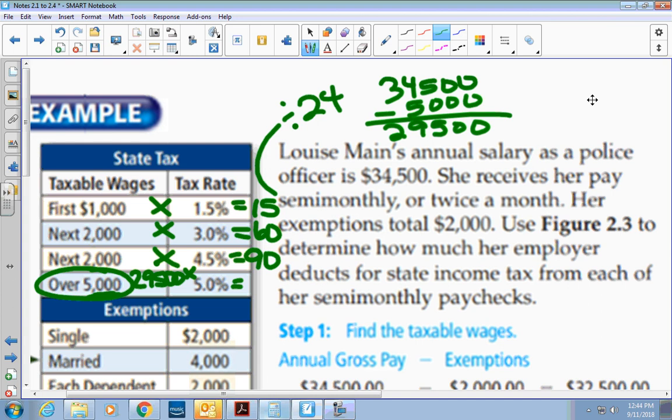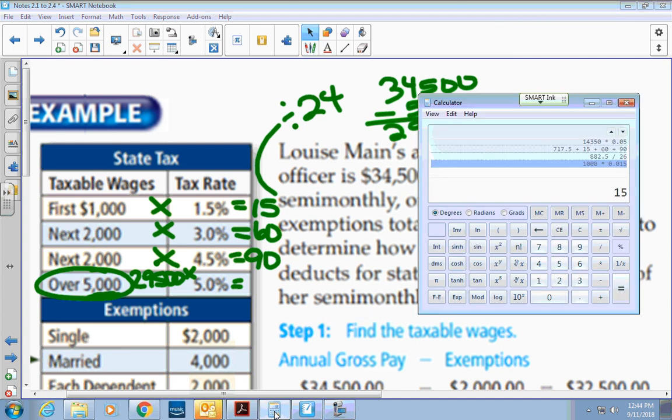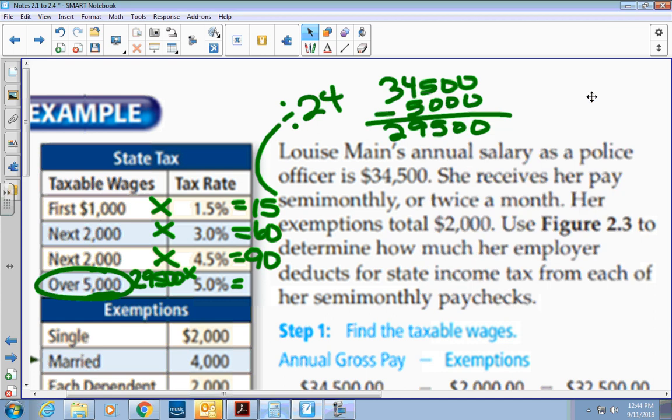And I actually don't know what that is. That's 1,475. Then we add all those together. So let me show you.